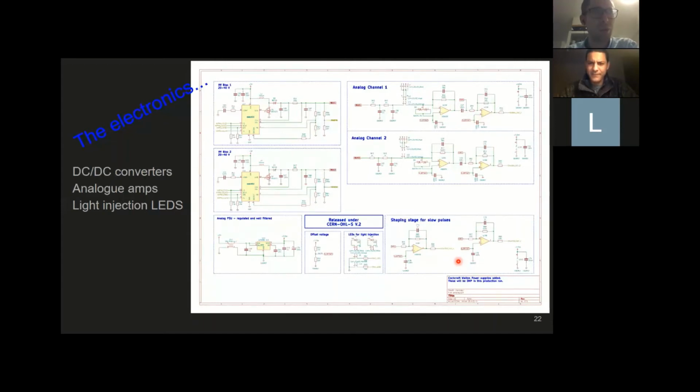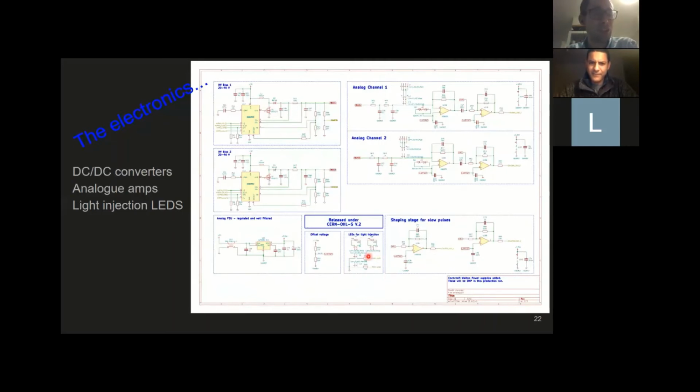The STM32 that we use has a 1 megasample per second ADC. So we've geared it up so that we could read it out. At the moment, that's not something we've implemented in firmware, but it would be nice to see the signal from the cosmics that we detect.